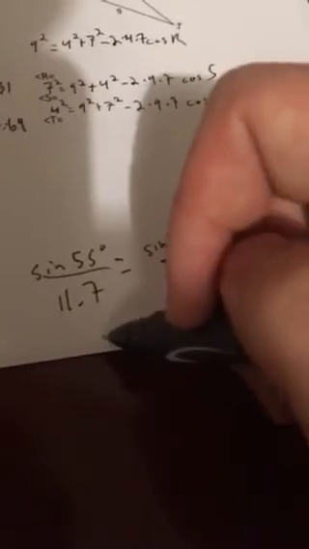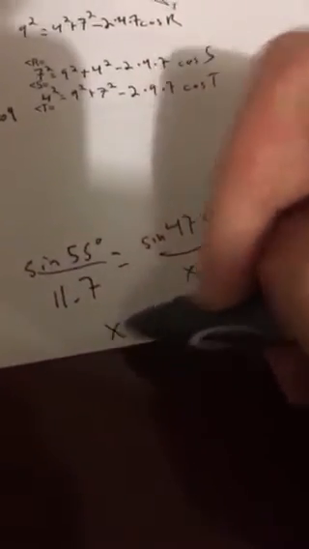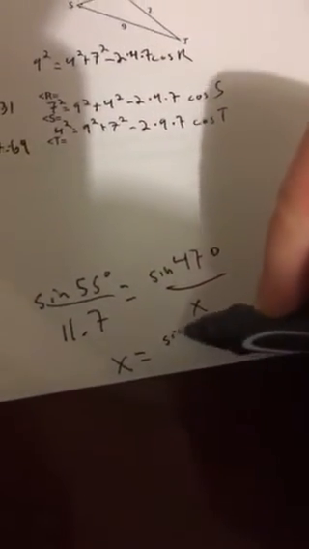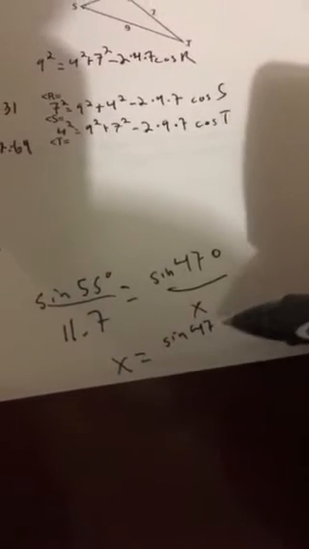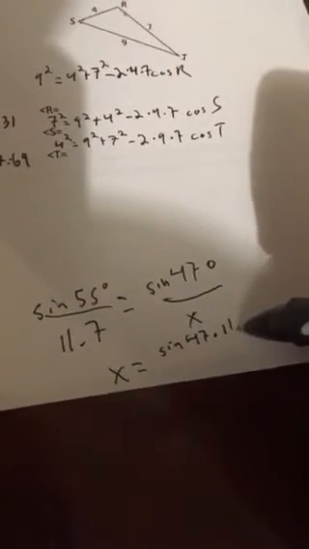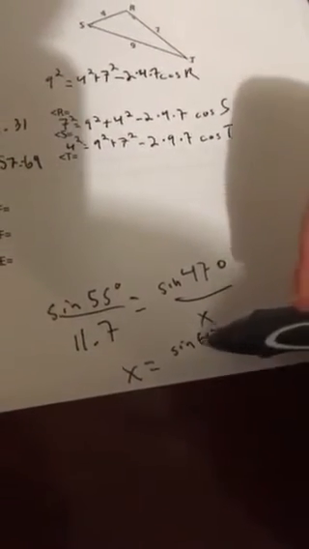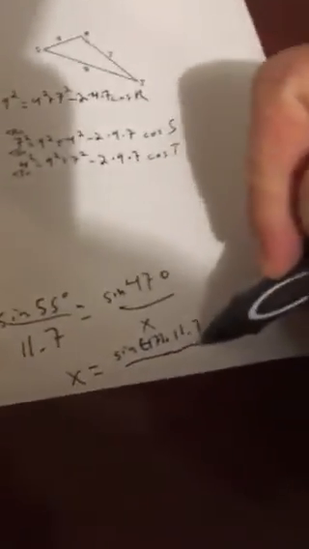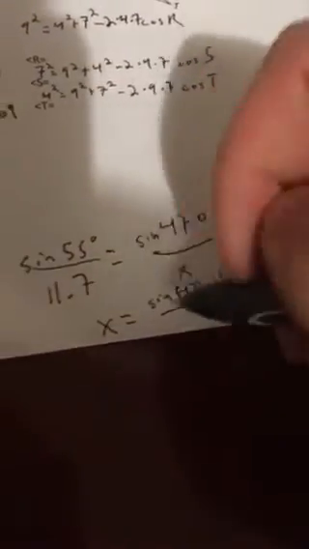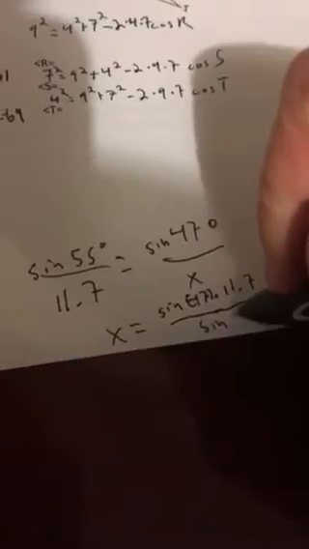Then we're going to cross multiply and divide, and you get x equals sine of 47 times 11.7 all over sine of 55.